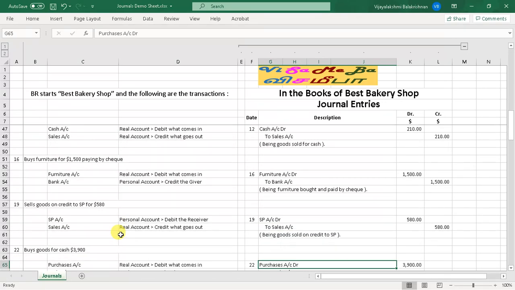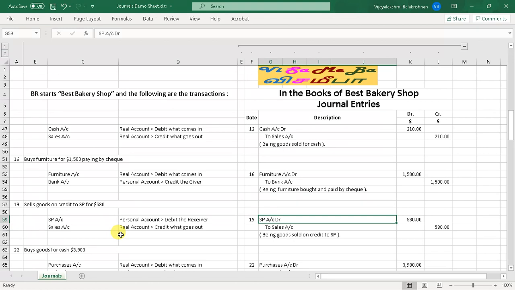The next transaction is sells goods on credit to SP for $580. Now this is an example of credit sales where we give the goods on one hand, and on the other hand we don't receive the cash, and the customer SP is saying, give me some time, give me 1 month or 2 months, credit limit, so that I will pay you after 1 month. Some sort of an agreement we have with the customer. So till the customer pays that money to us, we have to keep track of it.